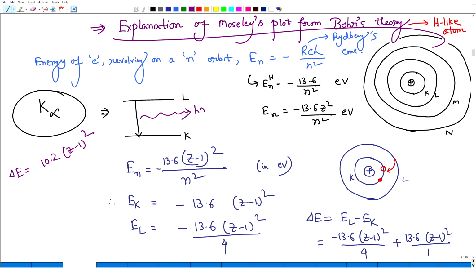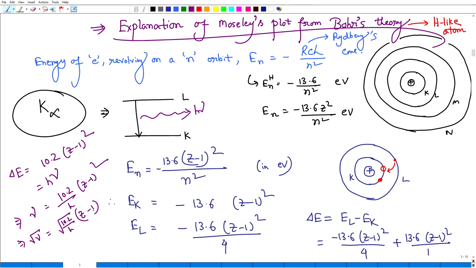So what will be the energy of that photon? h nu, or we can write h nu K alpha. So it should be equal to 10.2 (Z minus 1) squared, or you can write nu is 10.2 by h times (Z minus 1) squared. Okay. So root nu should be root over 10.2 by h times (Z minus 1).